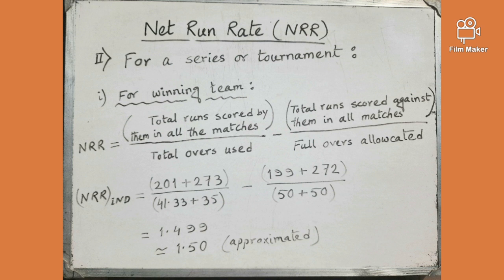That total will be divided by 50 plus 50, 100 overs, and the calculation gives us 1.499, which is approximated as 1.50, which is exactly reflected in our point table after the two games that India played.